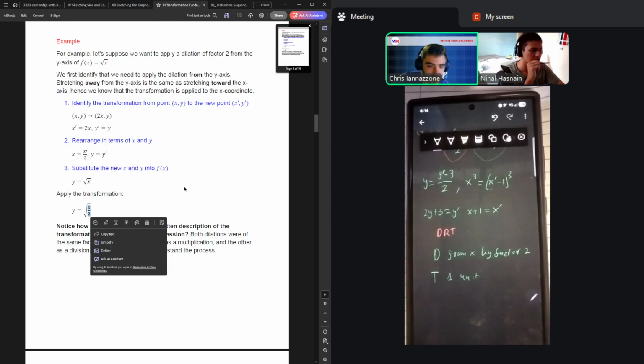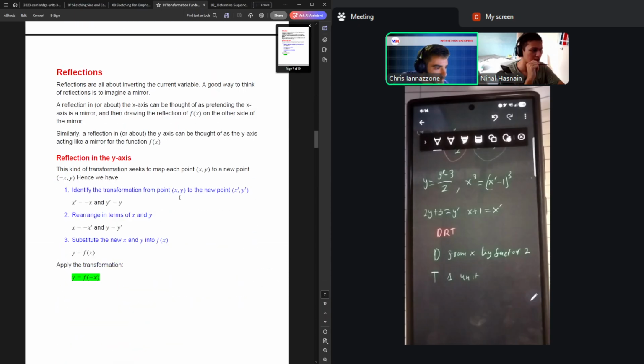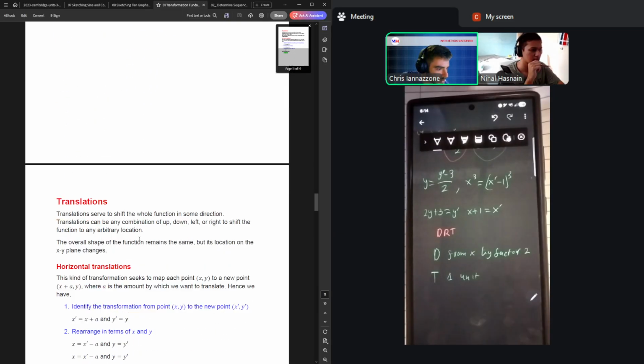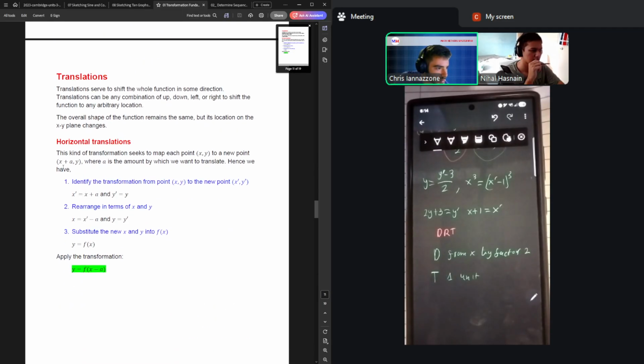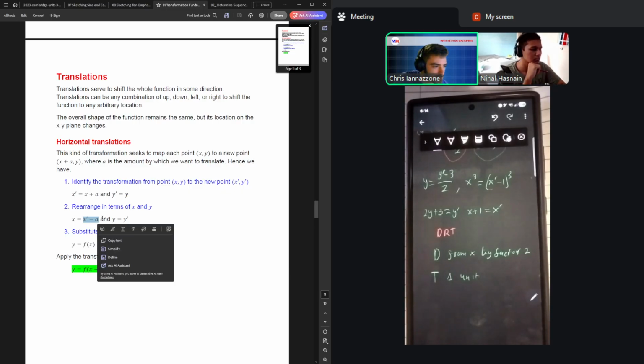When you follow that procedure of getting the x and y back on their own, things flip over. But if you go all the way back to your x dash, y dash fundamentals and look at translations, you're starting at some point and you are in fact adding to that point to shift it. It just so happens that when you follow the procedure of shoving it into a function, you rearrange to get the x, and that makes it look like a minus.